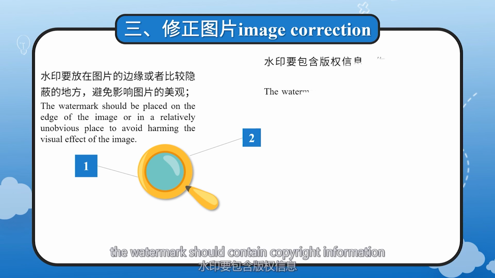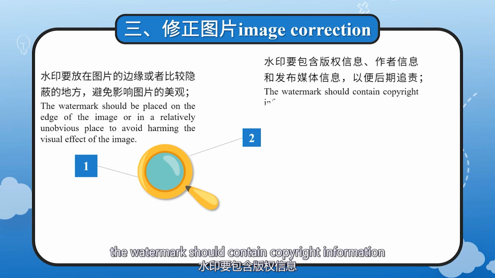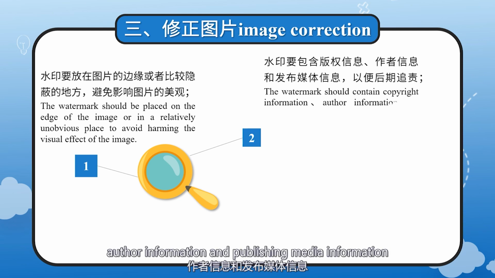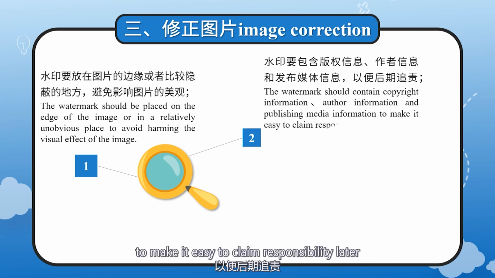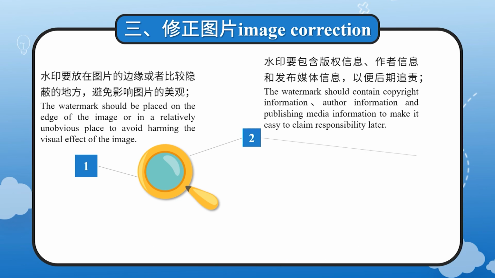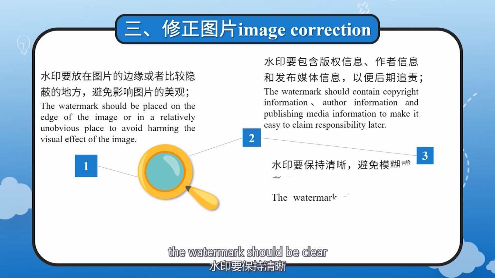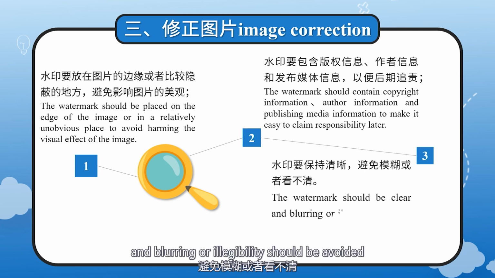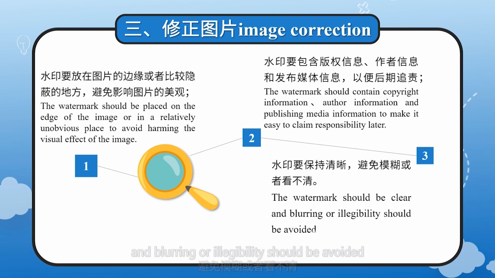In addition, the watermark should contain copyright information, author information, and publishing media information to make it easy to claim responsibility later. Finally, the watermark should be clear, and blurring or illegibility should be avoided.